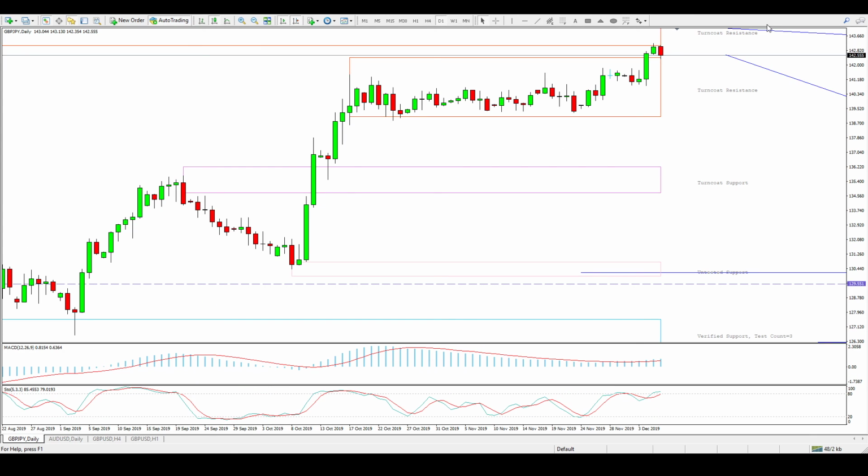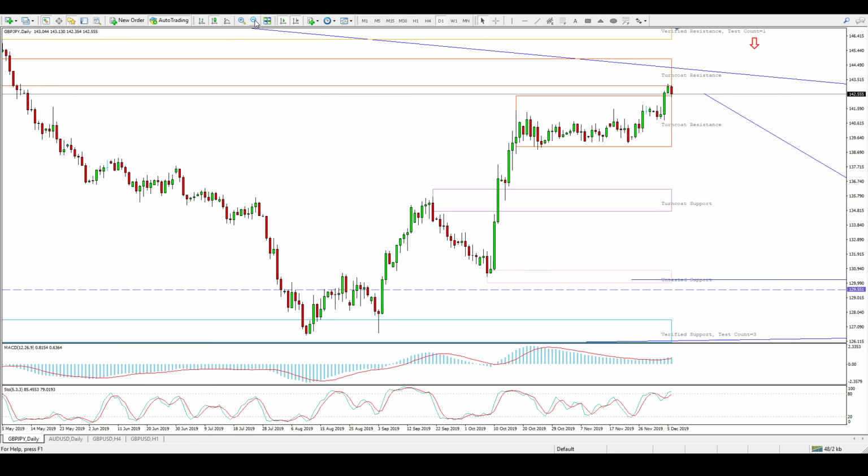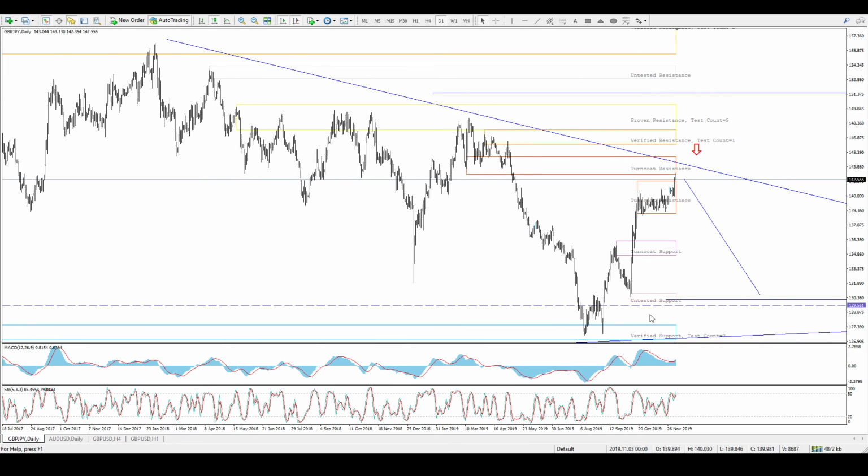Yeah, I will be a seller on the 4-hour chart and daily chart. Okay, but I have to rethink where my risk will be. 100 pips is a lot.